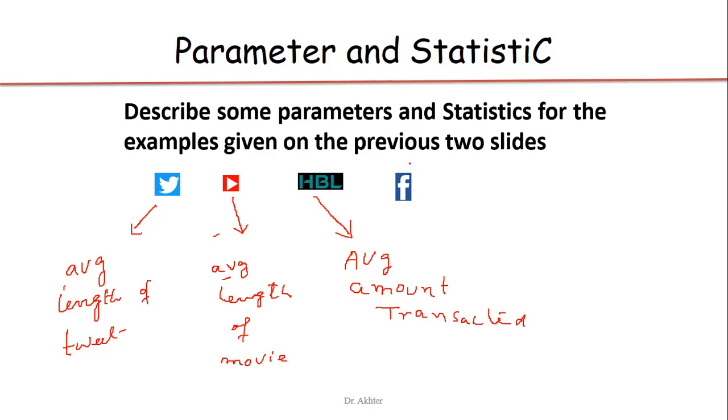So statistic and parameter, these are the two terms. An average of population is represented by mu, and average of sample is represented by x bar. Whenever we are using mu, it means population mean, and whenever we are using x bar, it is the sample mean. Sample mean is a statistic and population mean is a parameter.